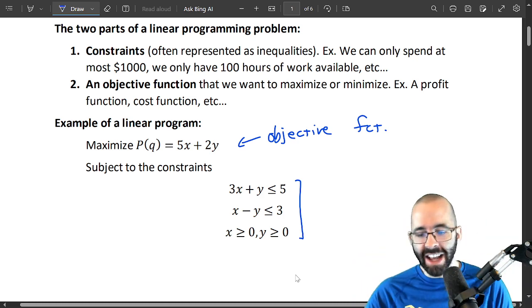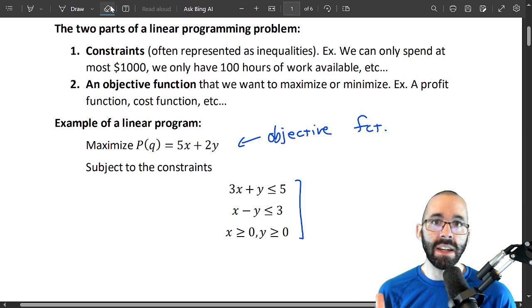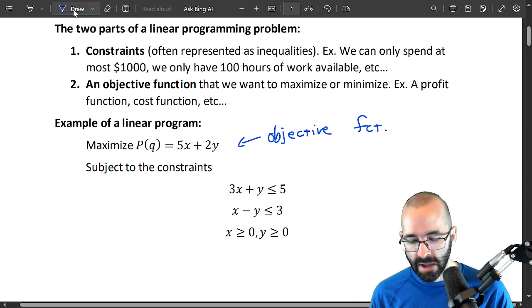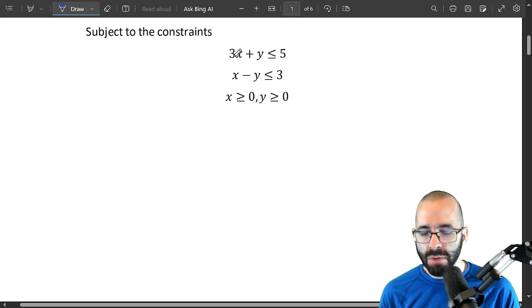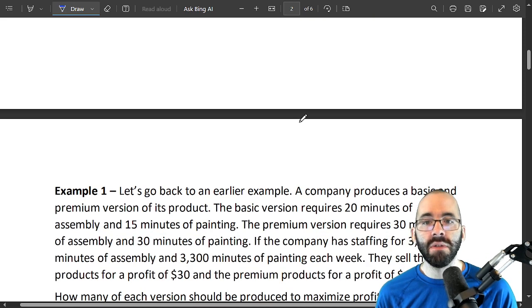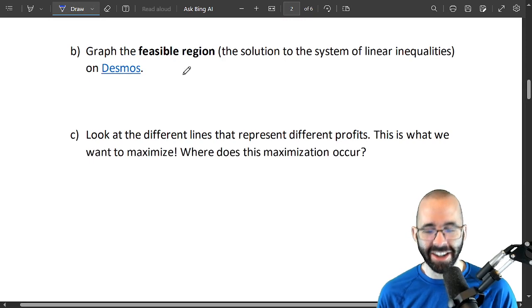And we graphed that in the last section. The last section is super important here. Okay, 3.2, very important here. And this region that follows all these inequalities is what's known as a feasible region. I say that over here.